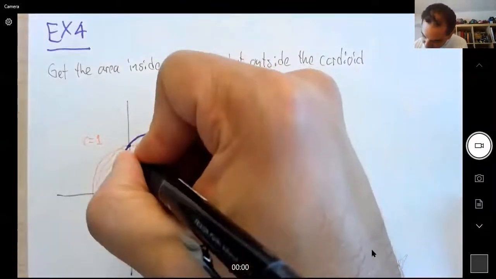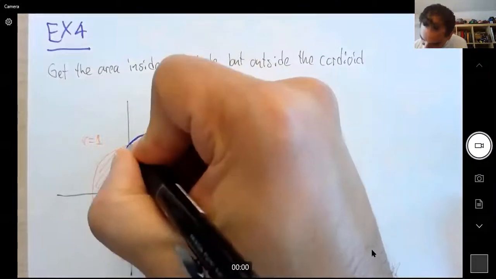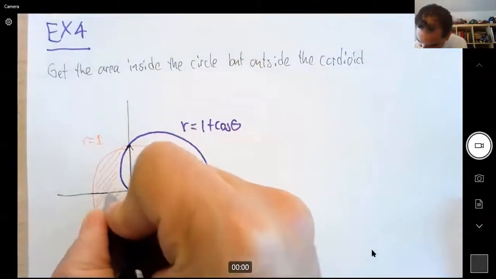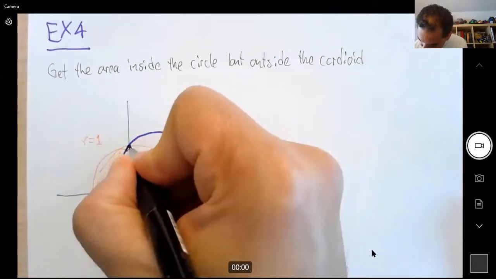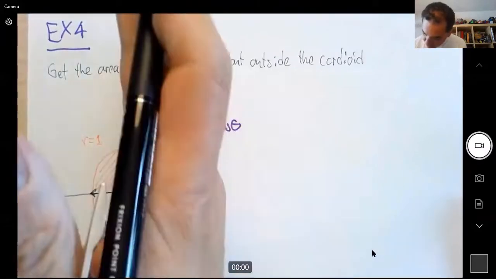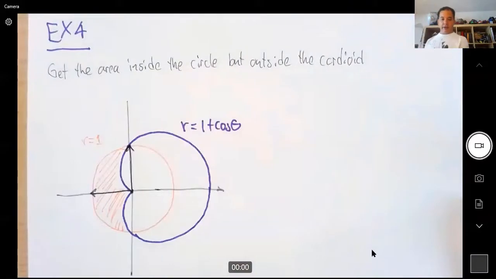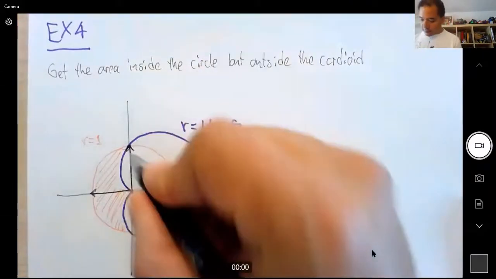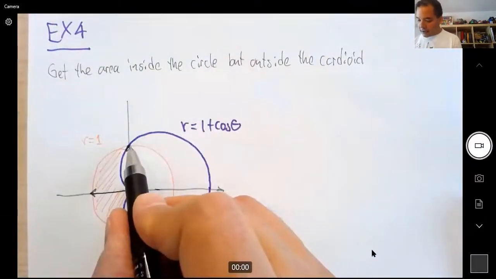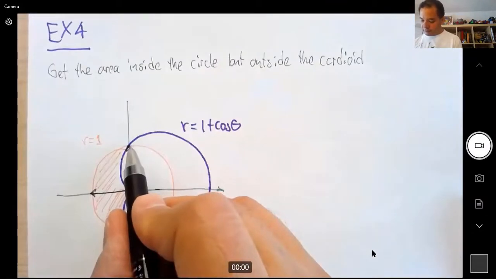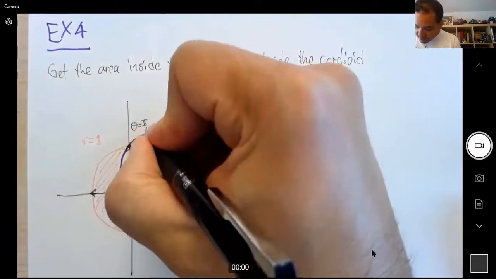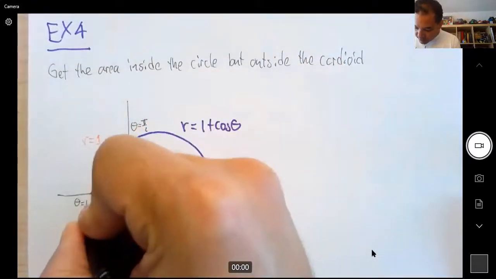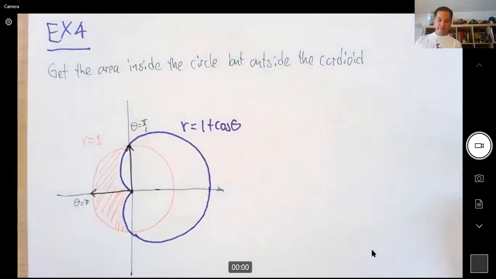We want to integrate from here to here, so from this part to that part. This part is when the angle is pi over 2, so this is theta equals pi over 2. And this is when theta equals pi.